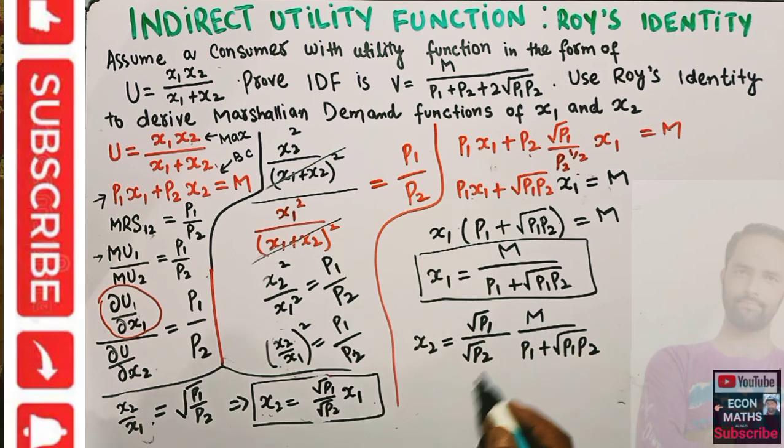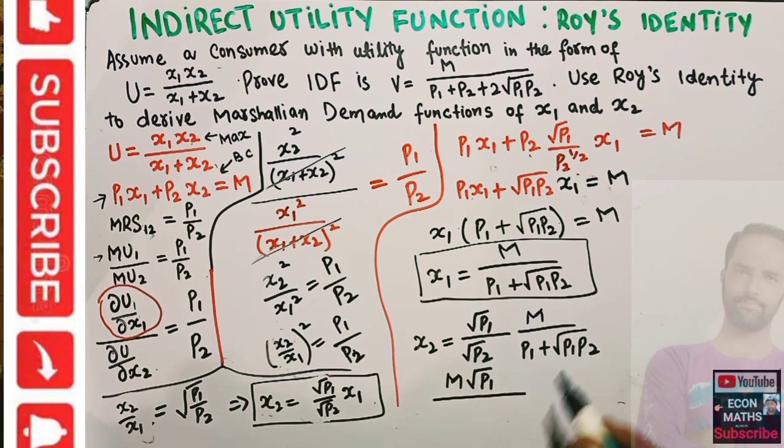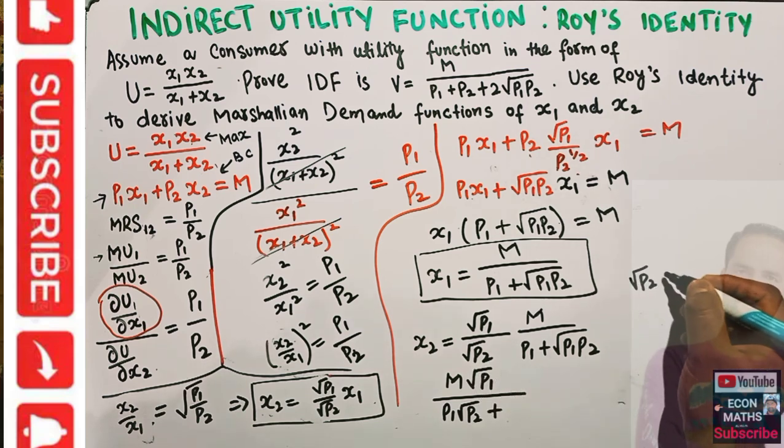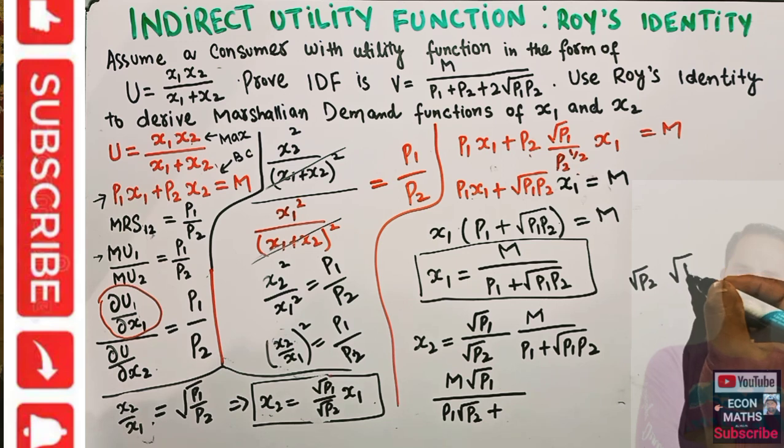So here we have this m into p1, so I can write it like this, m under root p1 divided by, so multiplying this under root p2 to each of these terms, so I will get p1 under root p2 plus, so under root p2 we have under root p2 into under root p1 p2.